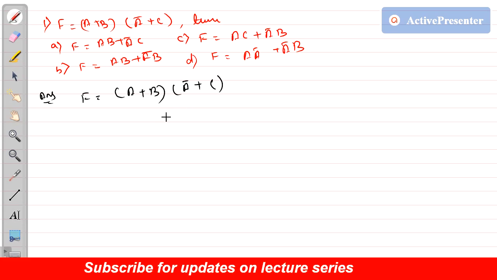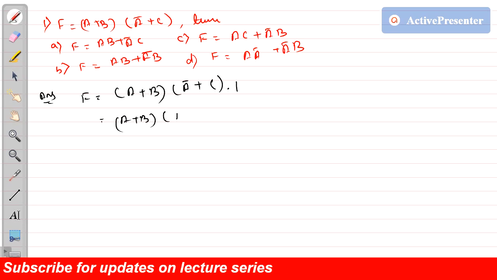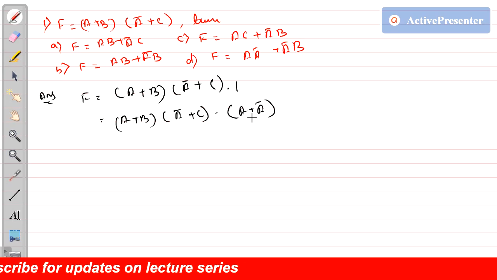If I multiply by 1, it is not going to make any change in the expression, because if you multiply 1 with anything, it will give you the same answer. So here I can write a + b, the same thing, and in place of 1 I will write a + a'. We know a + a' will always give us 1.